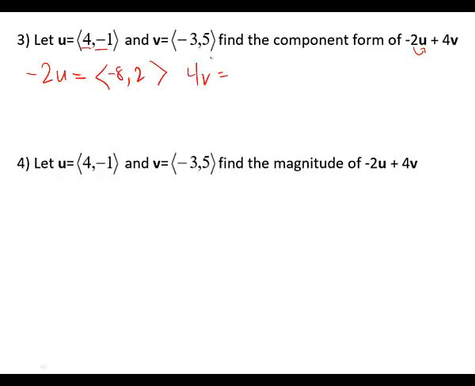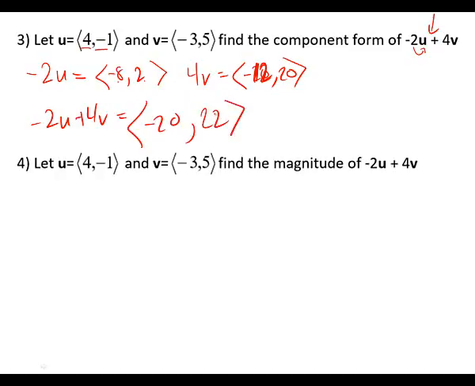And then 4 times v is what? -12, 20. And then it says to add those two things up. So -2u plus 4v, I'm adding component-wise. So -8 and -12 is what? Good. And then 2 and 20 is what? 22.